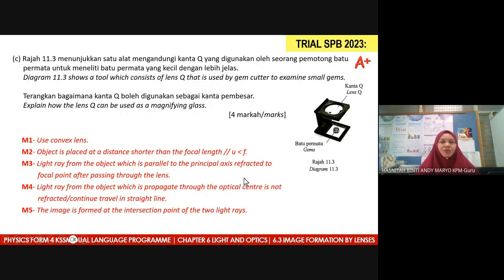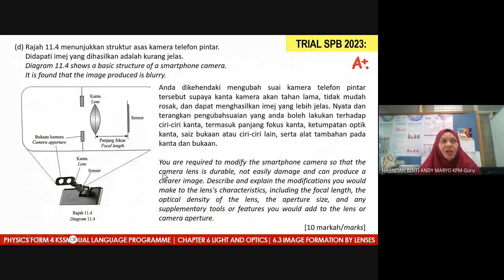Okay, students, and then this is the last question for today, a long essay, question 10, application. Application on lenses. So we have diagram 11.4, showing a basic structure of a smartphone camera. But the problem here, the image produced is blurry, not clear.